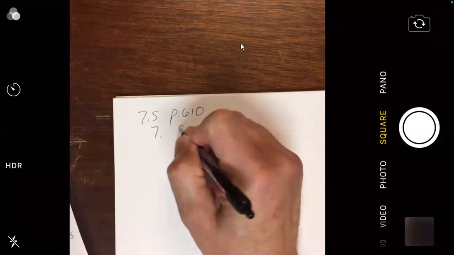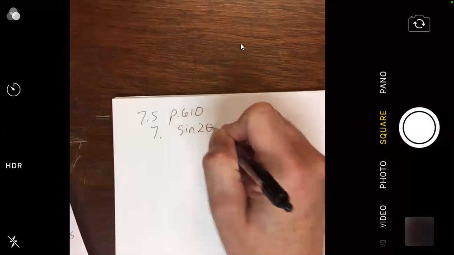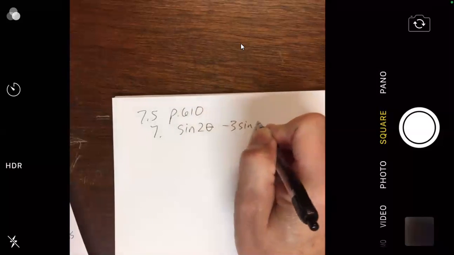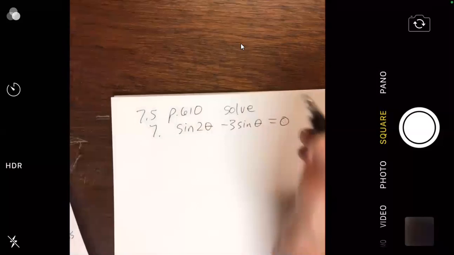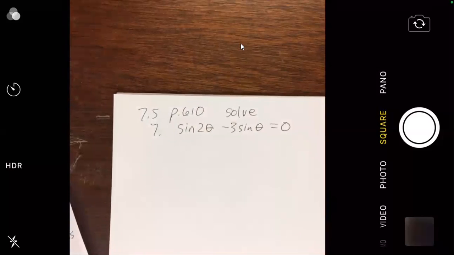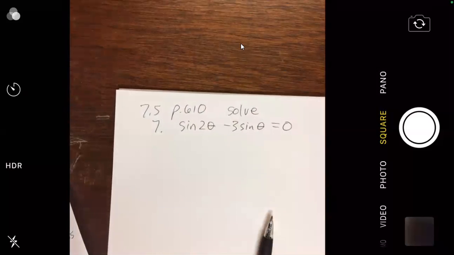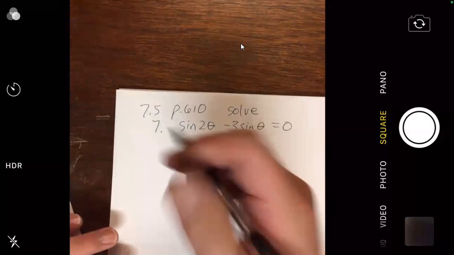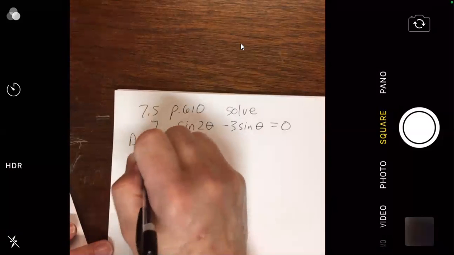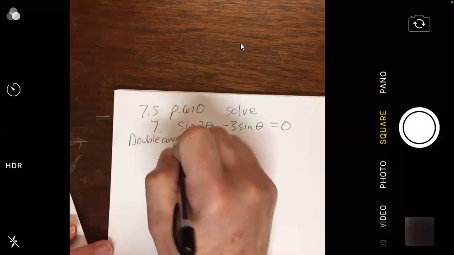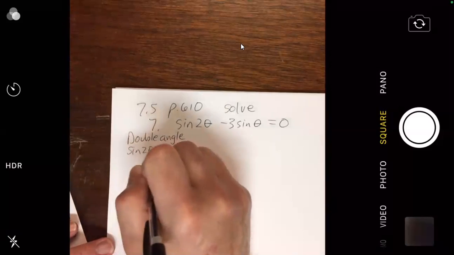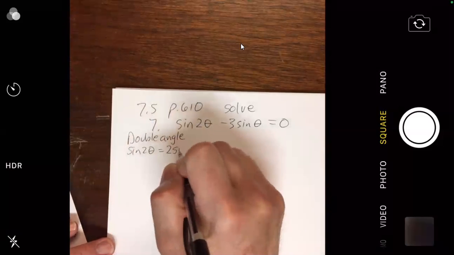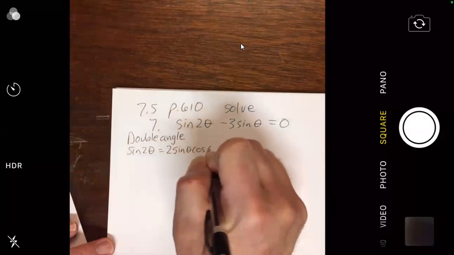Number 7, sine 2 theta minus 3 sine theta equals 0. And when it's solved, if you remember your double angle, sure you have this right on your brain, just like I do, sine of 2 theta is twice sine cosine.